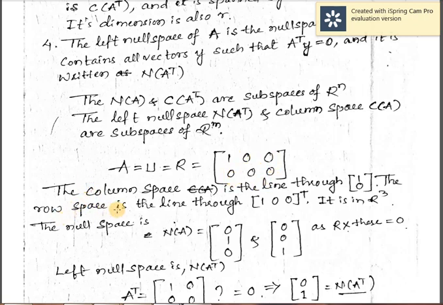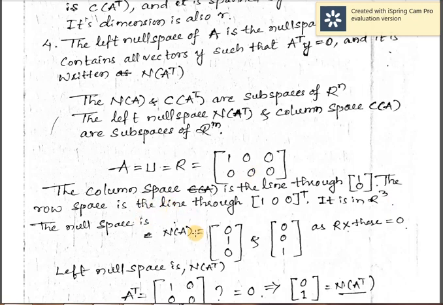So the row space is the line through 1, 0, 0 transpose, or 1, 0, 0. It is in R3. We can write it in the column way, or in the row way if we write the transpose. It is 1, 0, 0. I hope it's clear, because the second row is not contributing anything.